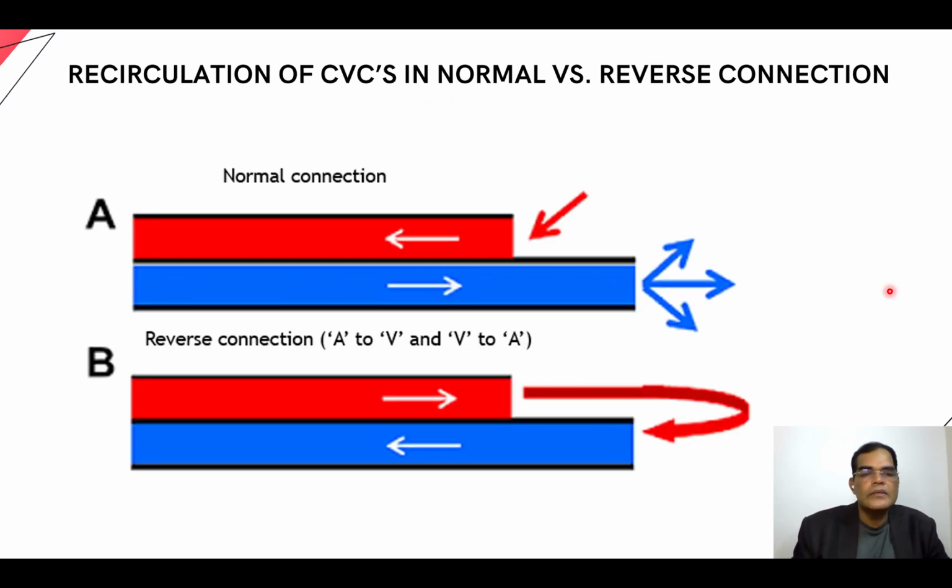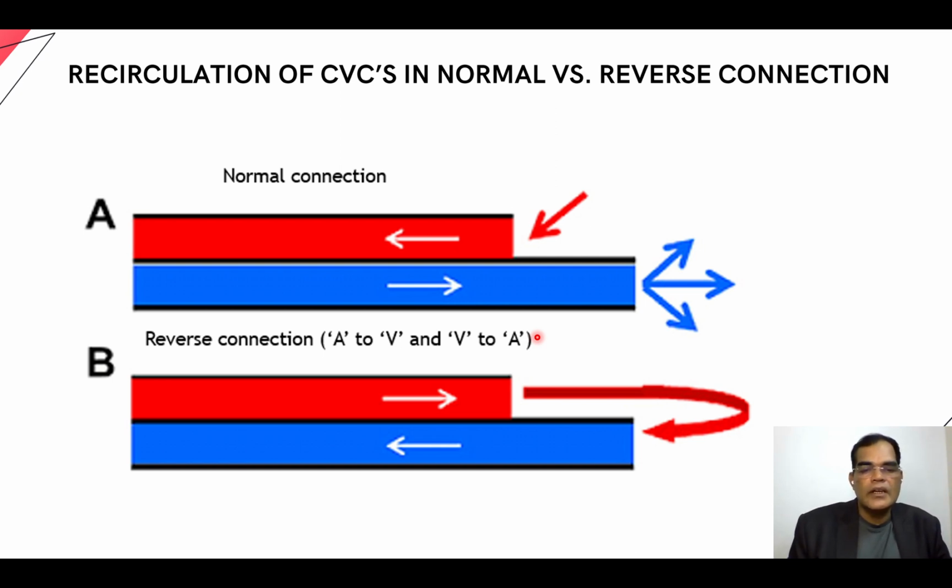This is a scenario. If you reverse a catheter, meaning instead of the arterial connection, you connect this into the venous part of the blood lines, and this one you connect into the arterial part. Suppose you connect this in the reverse way.